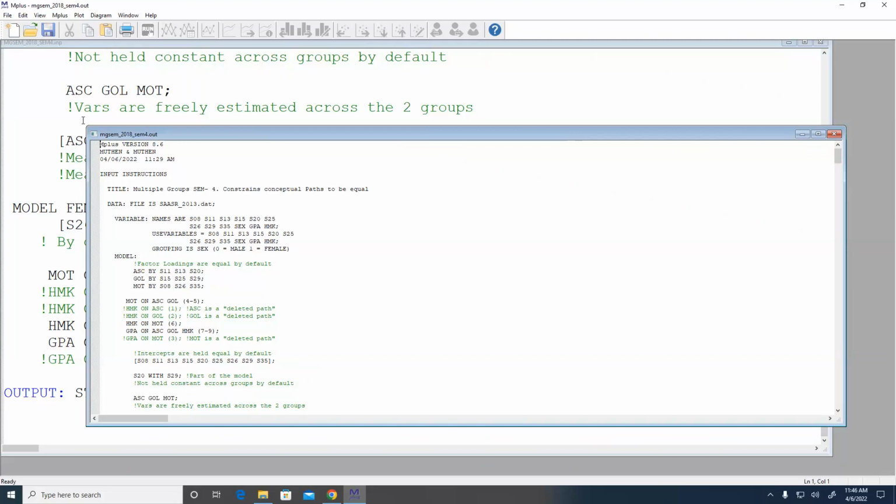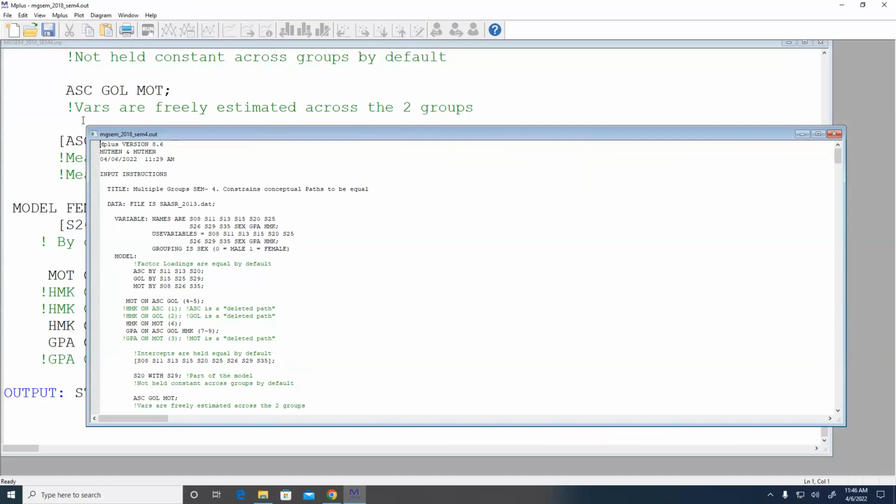No, it's only a difference of like 1.5 something points with 1 degree of freedom. It's not statistically significant. So which model do I favor? The one where model 5, where I just completely eliminate that path, because eliminating that path doesn't actually substantially worsen the fit of my model.